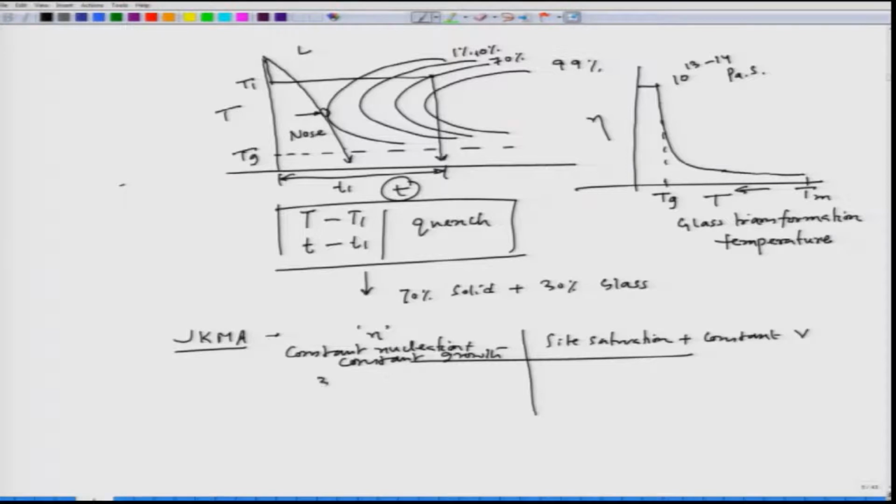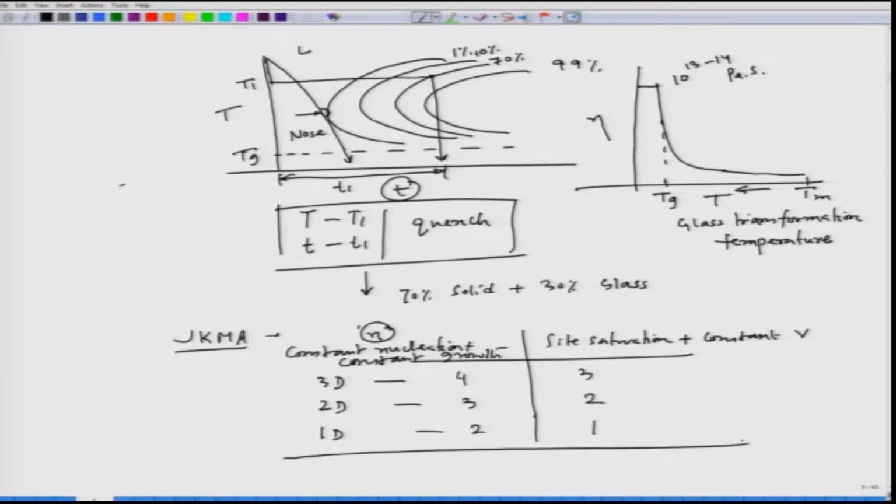If it is 3D, then here it is 4, here it is 3; this is the variation of n. If it is 2D, here it is 3, here it is 2, and for 1D it is 2, then 1. These calculations as well as problems were discussed in our phase 1.